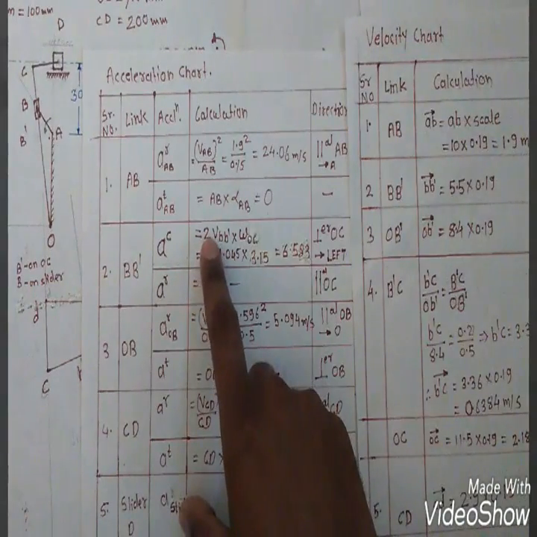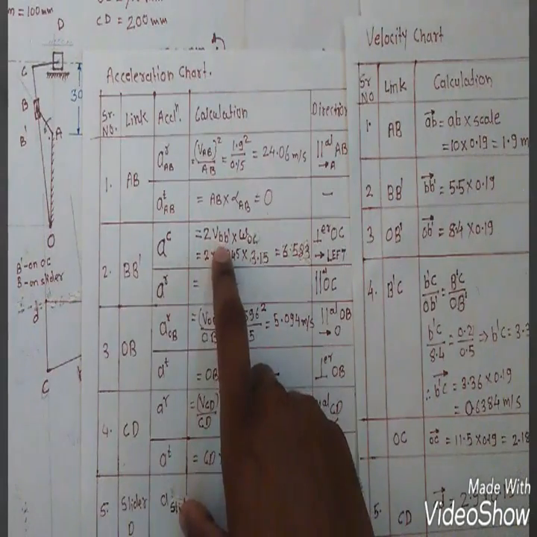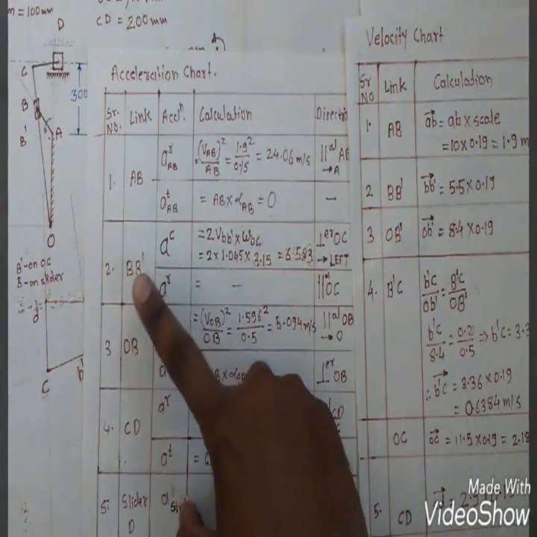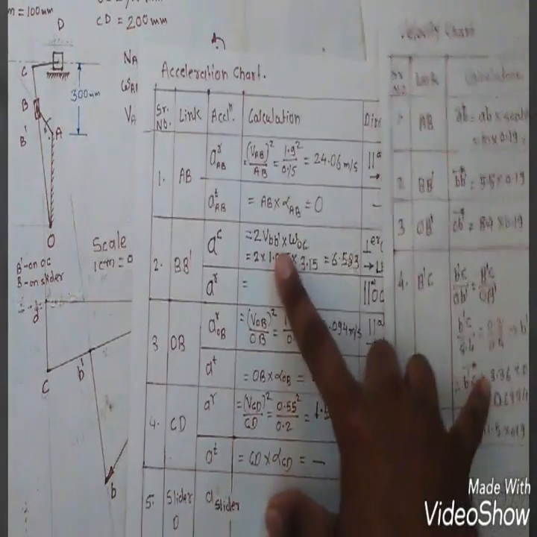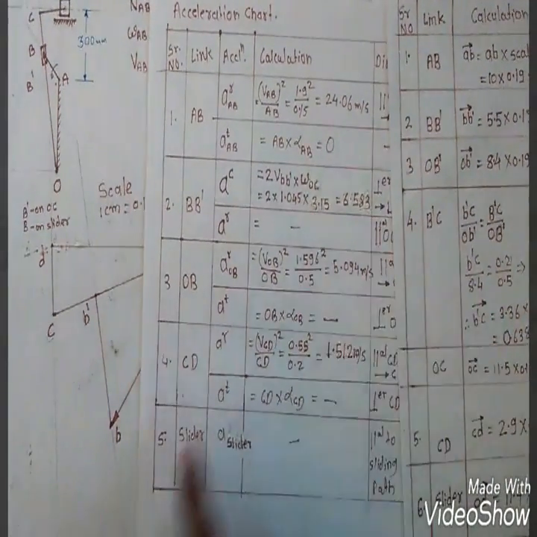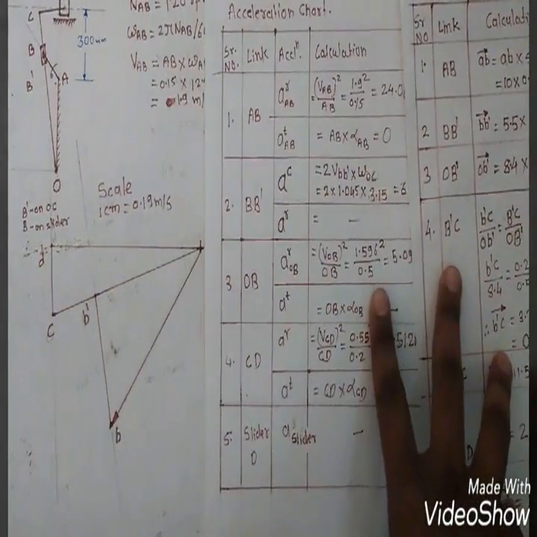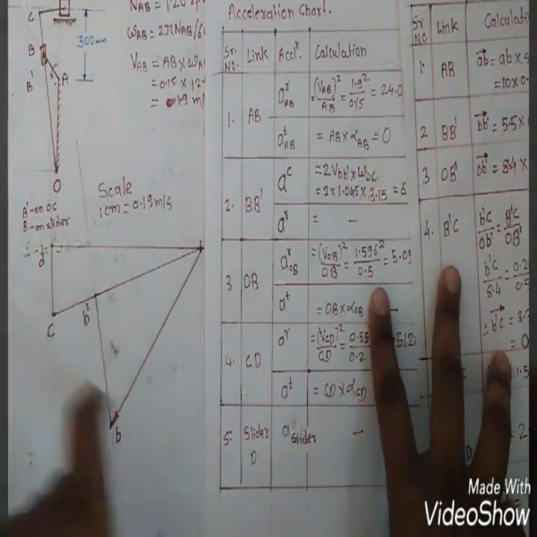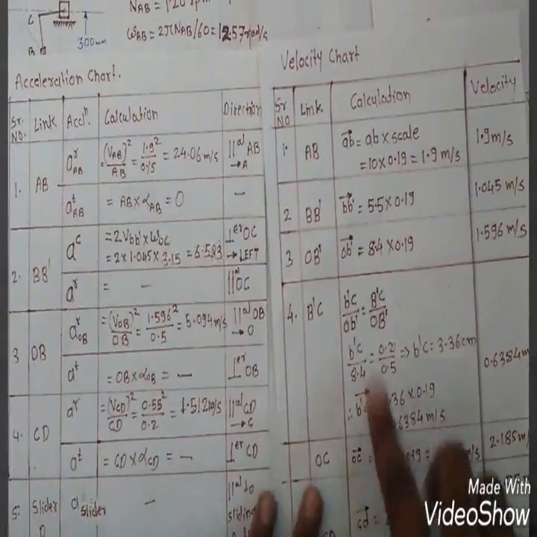Coriolis component magnitude is 2 v omega. That is, 2 into the velocity vector V B B dash, the same one, velocity B B dash. From the velocity vector we can find this one, B B dash, that we have calculated in the velocity chart.